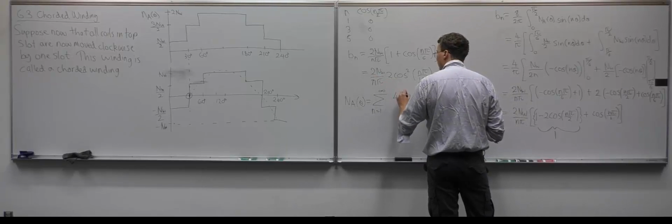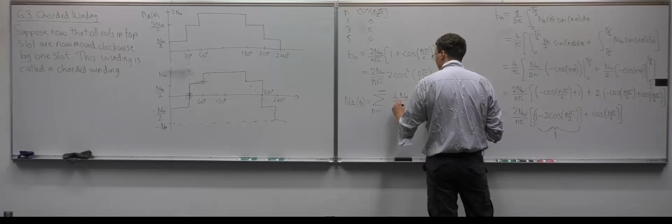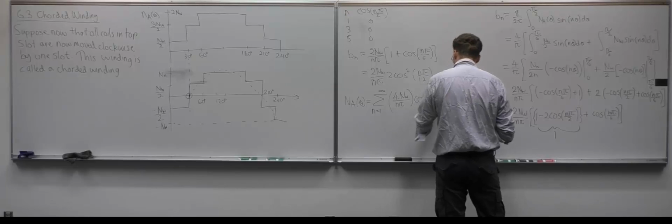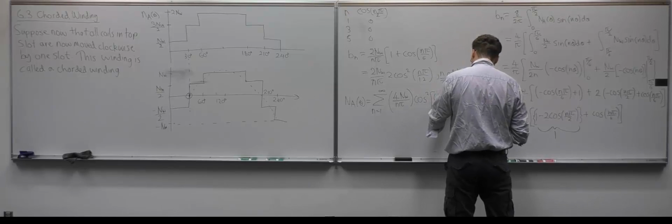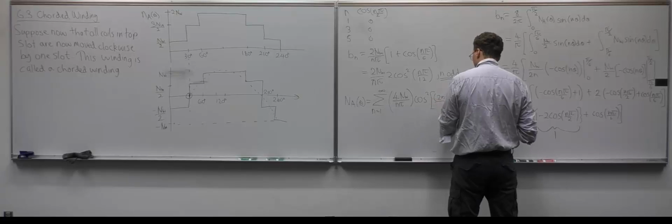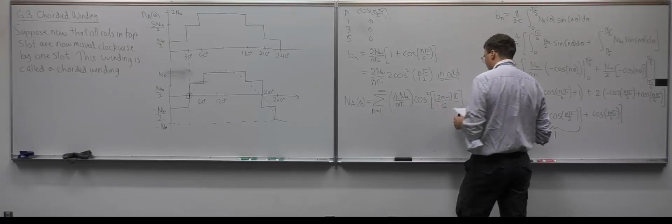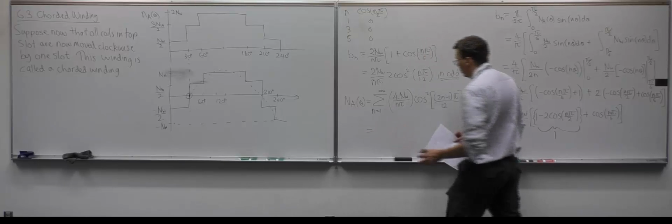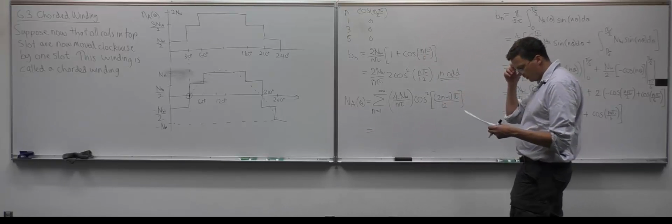So we have 4 nw divided by n pi, times cosine squared, and I'm going to write this as 2n minus 1 pi over 12, like that.